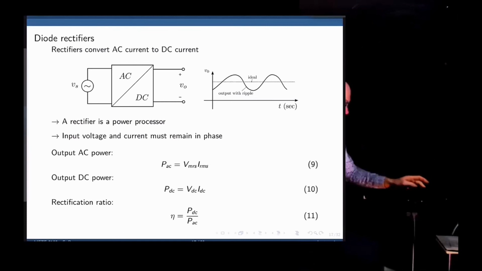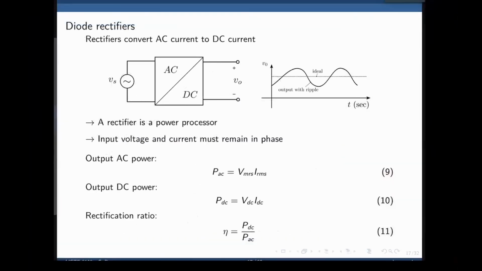If we look at the figure on the right, we see that we have an input that's an AC, and the output ideally would be a constant line. That is a DC voltage or current, but that's not exactly what happens in practice.